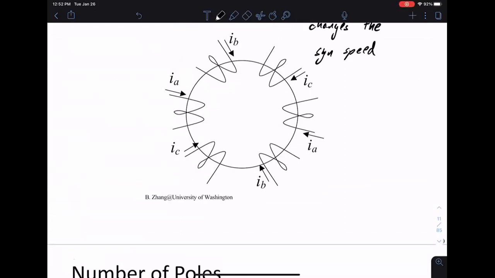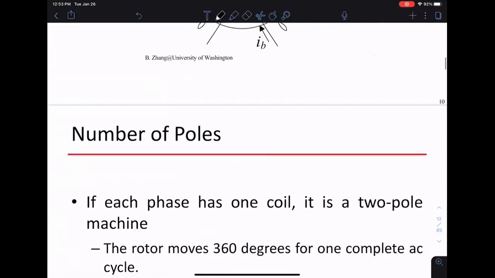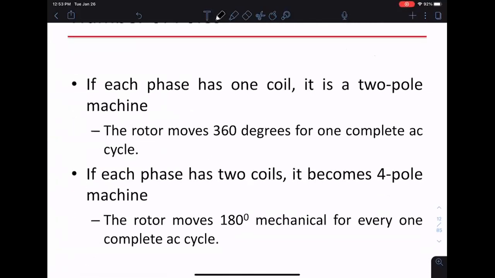Now, if you double this, you need to rotate twice in the AC current for all the coils to see you once. So the symmetry basically is you're increasing the number of AC cycles you have to see for the machine to do one complete rotation. So this slows it down a bit by adding more poles. That's why we add poles: it's too fast, and we want to slow it down.